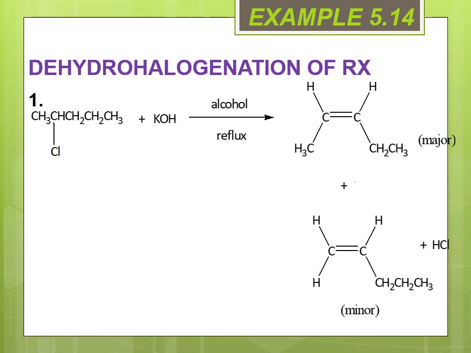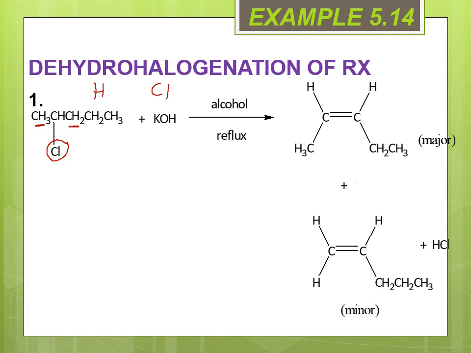Now let's do example 5.14, question number 1. Now we are going to look at dehydrohalogenation of RX. Dehydro means we are removing hydrogen. Halogen means we are removing Cl, particularly in this question. So chlorine here can be eliminated by taking one of the hydrogens from the first carbon and one of the hydrogens from the third carbon.